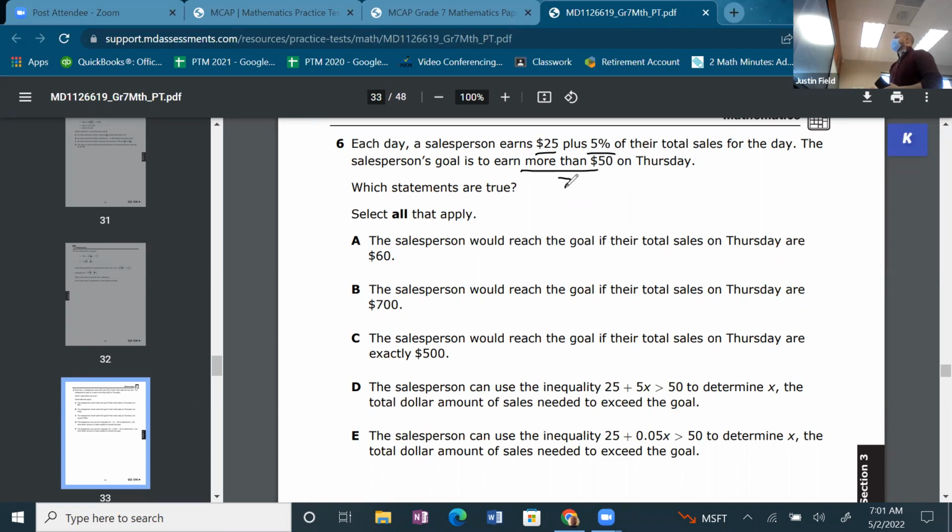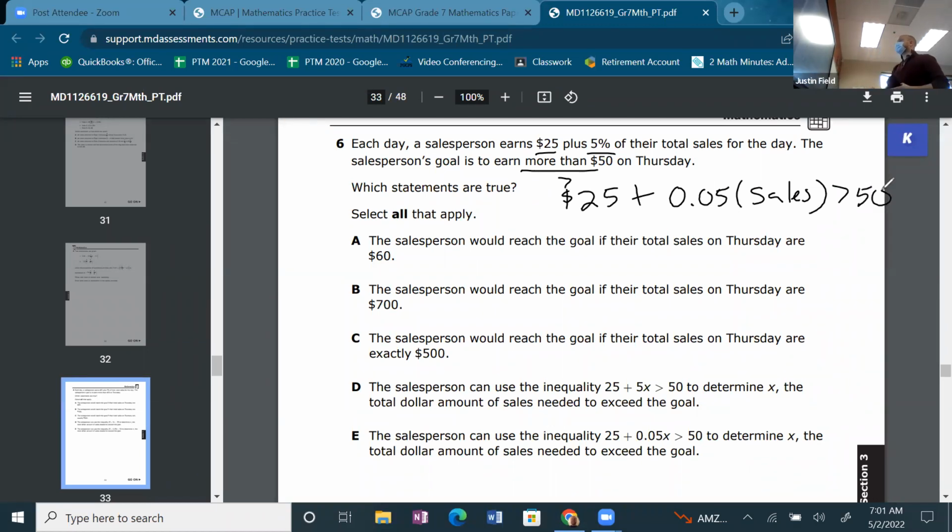Okay, so let's make sense of the problem. Salesperson each day earns $25 plus 5%. That's 0.05 of their total sales. And they want to earn more than $50.